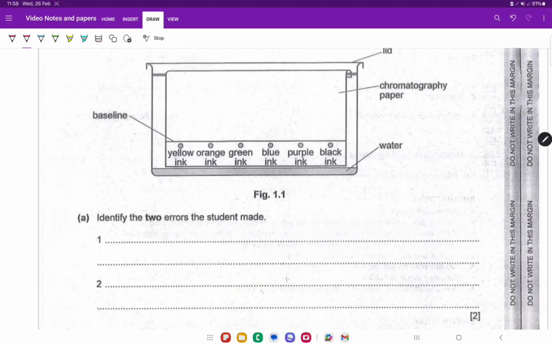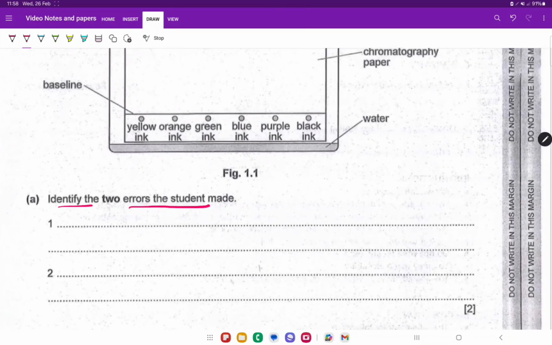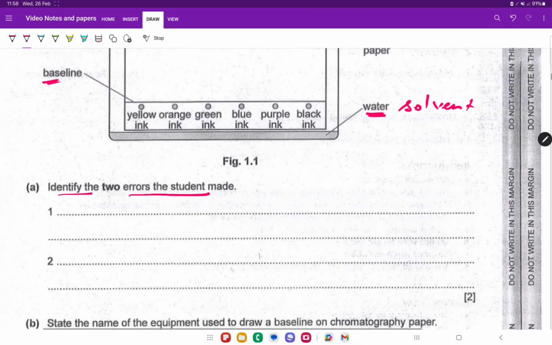What are the 2 errors we have to identify? Identify the 2 errors the student made. As I can see in this chromatogram, this is the water which is my solvent, and these are the colored inks which are placed below the baseline. The first point is that the inks which we are using to find out the dyes should be placed on the baseline.